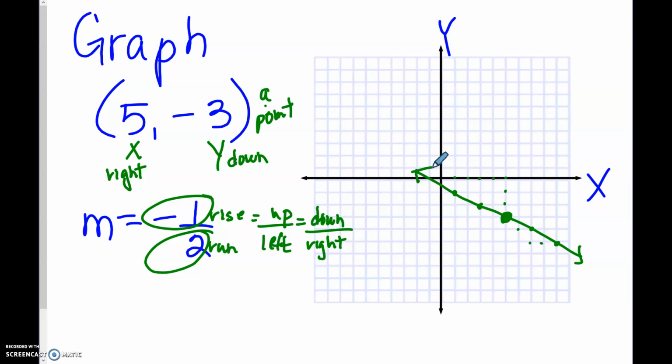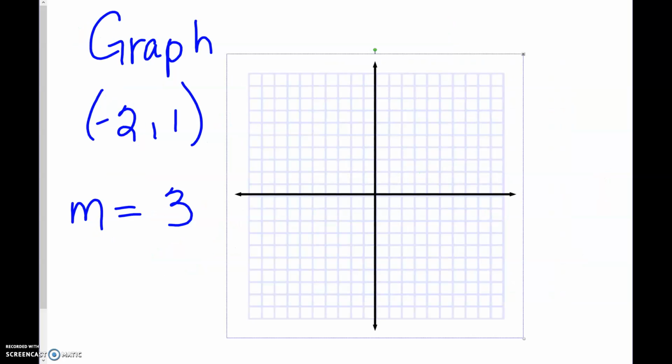All right, here's another one. Graph this point first. Okay, so this is X, this is Y. This is your X axis, this is your Y axis. So -2 up 1. So that is the point. On your homework, every single assignment, I need to see 2 points. So that point, -1, 2, I need to see graphed.